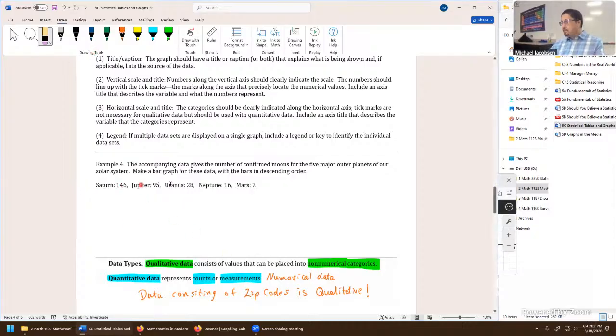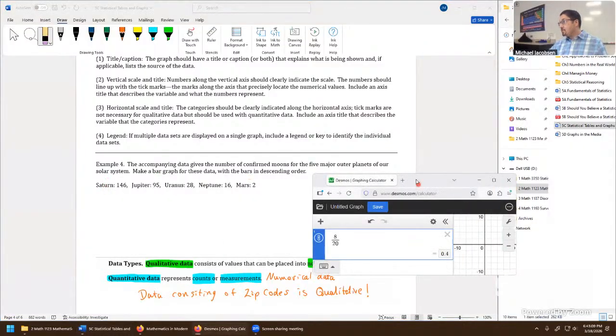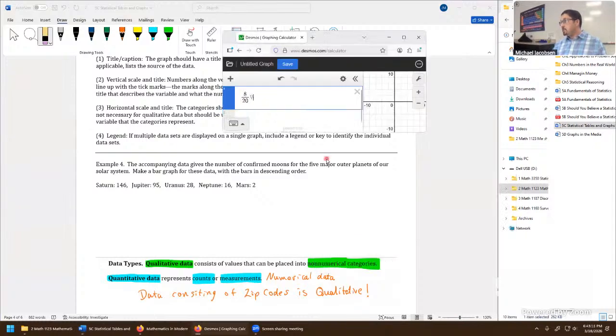We have 5 different planets, and altogether, quite a few moons. Let's put them all together. So there are 146 plus 95 plus 28 plus 16 plus 2 moons that we're taking a look into.